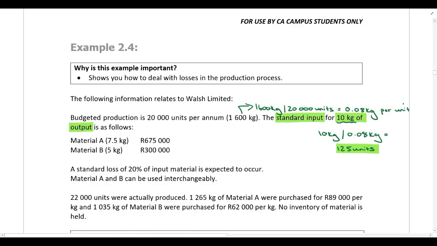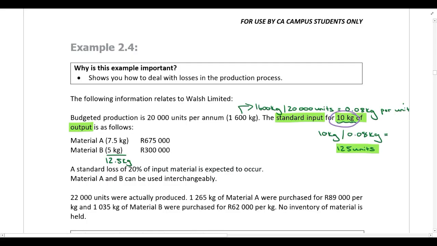All right, so they need 7.5 kilograms of material A, which has a cost of 675,000 Rand, and they need 5 kilograms of material B, which has a cost of 300,000 Rand. So what you need to notice over here is they are inputting 12.5 kilograms into the production process. But when they input 12.5 kilograms of material, that is only giving them output of 10 kilograms.